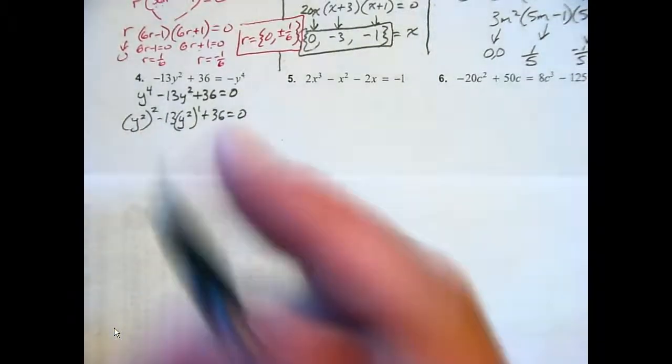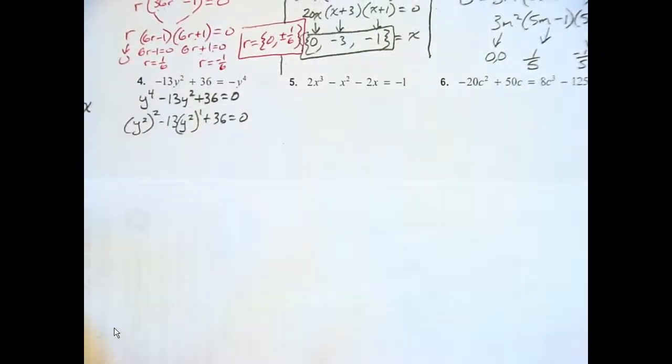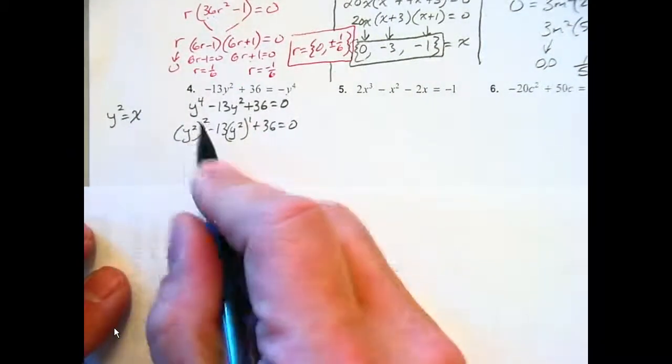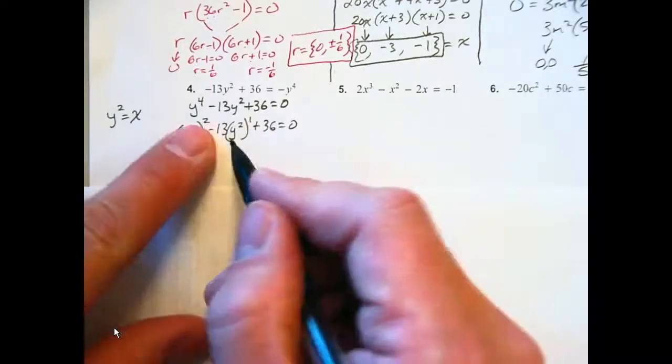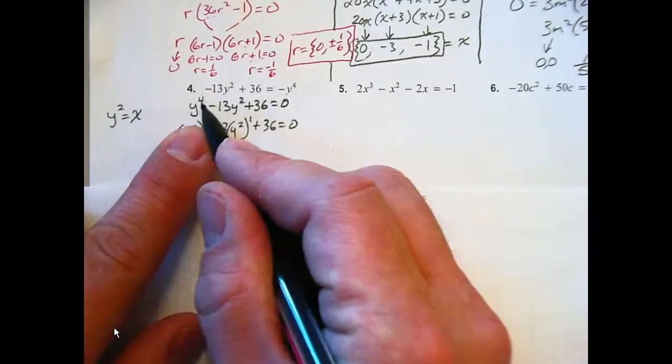The other way to think about it is you could just say y squared is actually x in this problem, which means wherever I have a y squared, I'd have to square x to get y to the fourth.